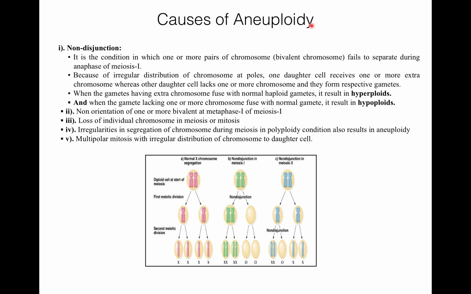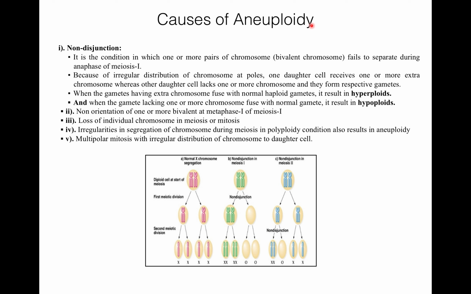And because there is irregular distribution of chromosomes at the poles, one daughter cell receives one or more extra chromosomes, while the other daughter cell lacks one or more chromosomes, and they form respective gametes.